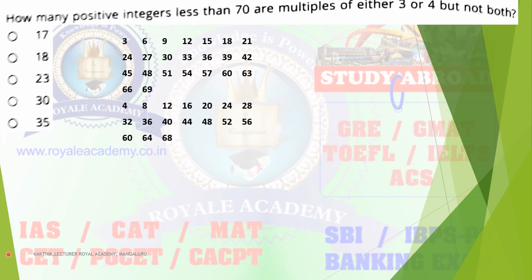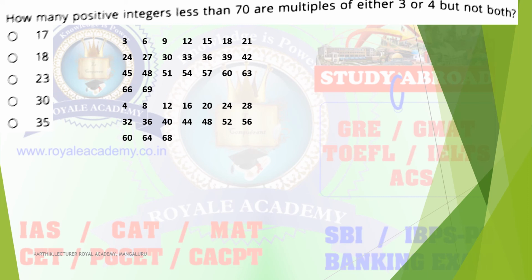Just consider it like this. The multiples of 3 are 3, 6, 9, 12, 15, 18. You have to write them less than 70, so up to 69. The multiples of 4 go up to 68. Next after 68 is 72, which is not less than 70.